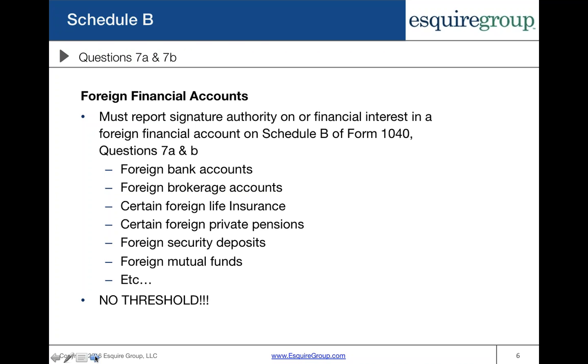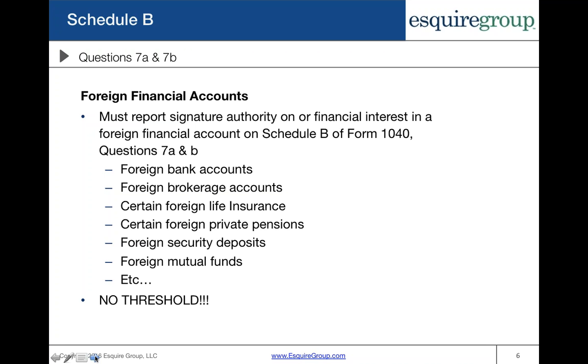And you'll see at the bottom of the slide, I have it in really big, bold letters, no threshold. And the reason is the question on 7A to Schedule B does not have a threshold. It simply asks, do you have signature authority on or a financial interest in a foreign financial account? If the answer is yes, then you have to check yes to question 7A.